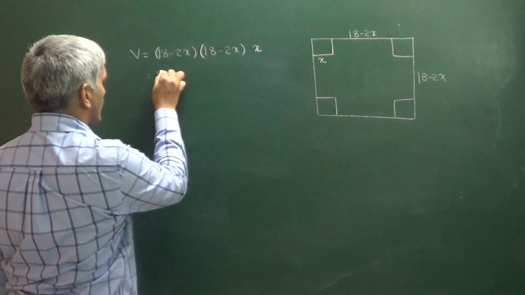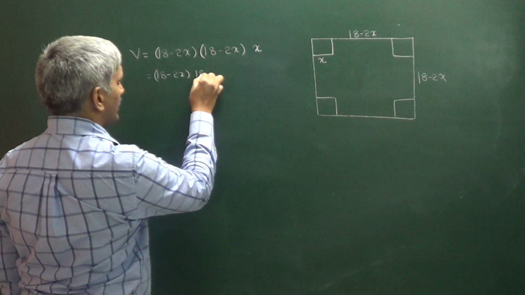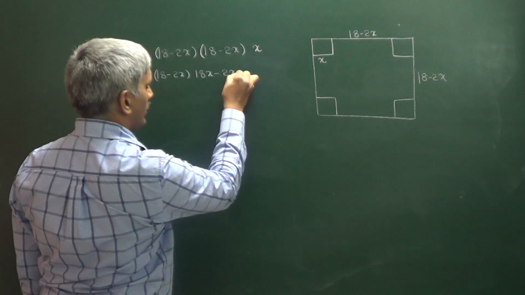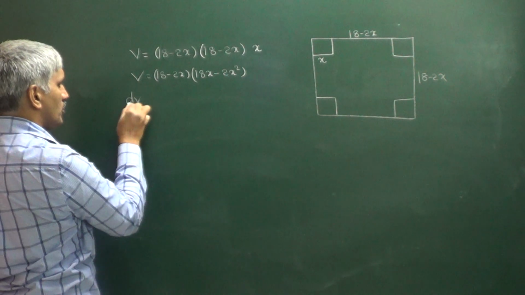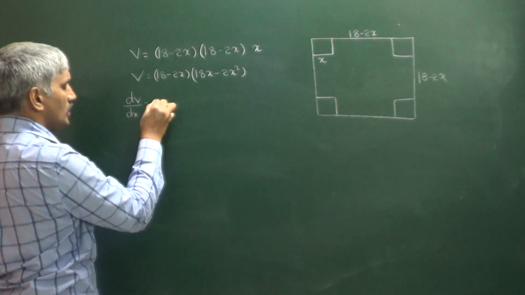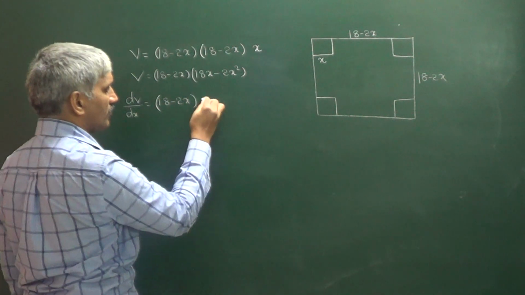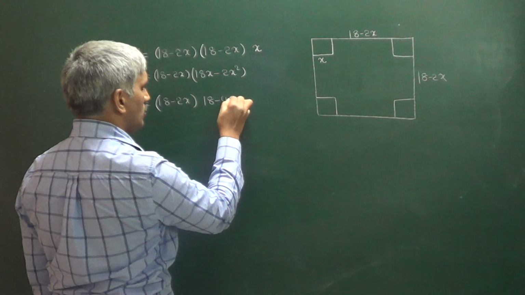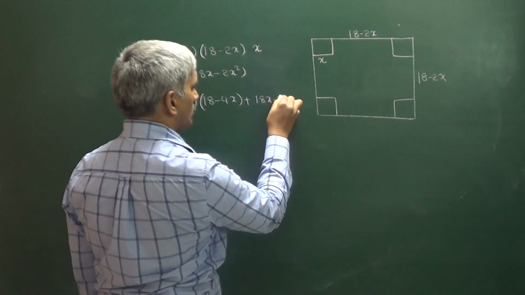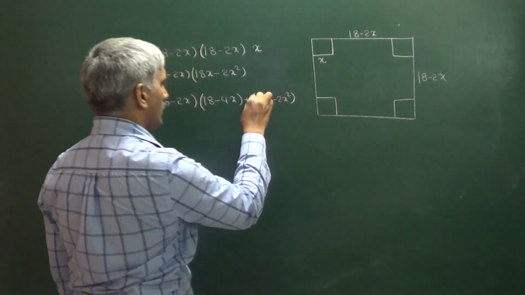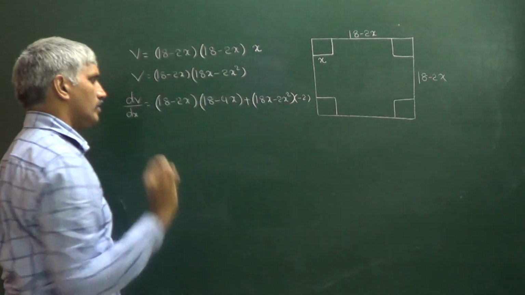Yes, we can write this one as 18 minus 2x into 18x minus 2x square. Just I multiplied x inside. Now differentiate this one. So dv by dx is equal to 18 minus 2x into its differentiation 18 minus 4x, plus 18x minus 2x square into its differentiation minus 2, right?